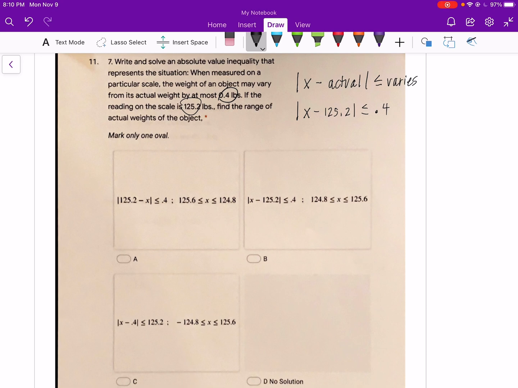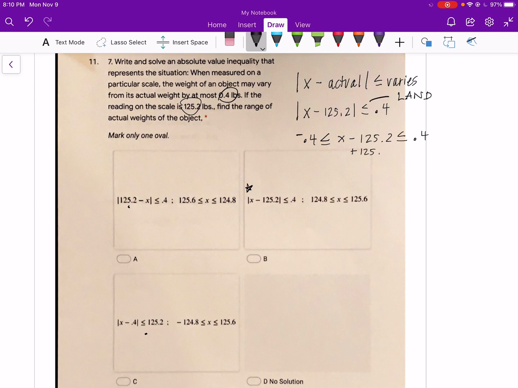So let's see. The only one where the setup looks correct is right here on B. This one's not correct, this one's not correct, this one is. So now let's see, if I set this up, it's a less than, which makes it an and. So it'd be -0.4 is less than or equal to X minus 125.2, which is less than or equal to 0.4.